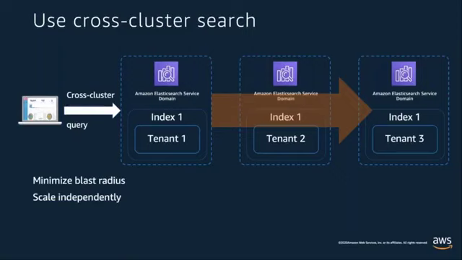When we have very, very large workloads that are decomposable, in the sense that you can localize some sub-portion of that data, then you can put that into a single domain, and then you can pod it out across multiple domains. And then with cross-cluster, you're able to query across the whole data set, even though you can scale each of the sub-pieces independently. And a couple of benefits here: it minimizes your blast radius, and it does allow you to scale independently.